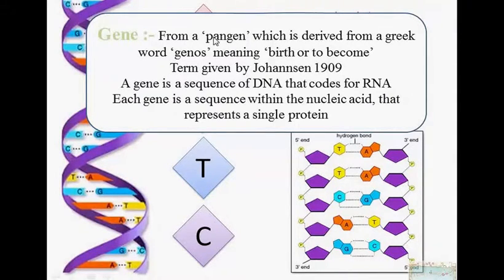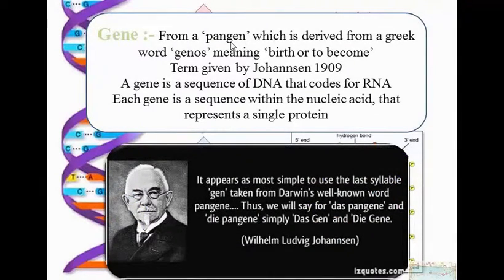Now, this word was derived from another word called pangene, which means to give birth or to become, and gene was derived from this word pangene by Johansen in 1909.